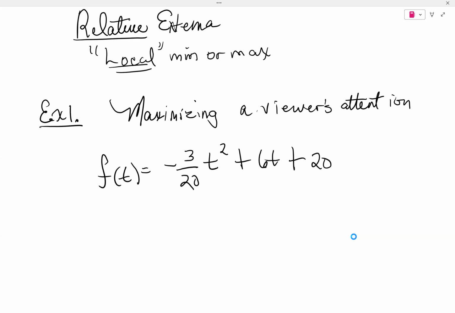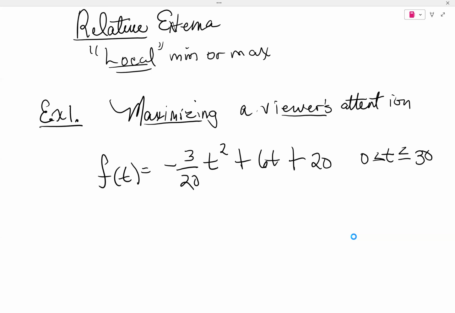They're looking at the viewing attention for 0 minutes less than or equal to t less than or equal to 30 minutes. And they want to know when is the best time to have an advertisement. So if you're maximizing the viewer's attention, you're trying to catch them when they're most attentive.